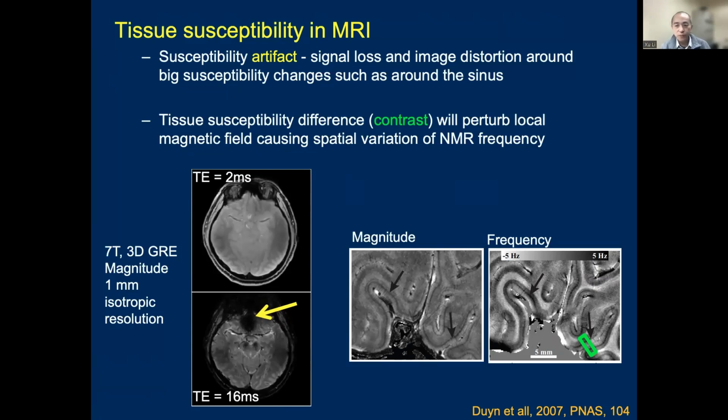But from another point of view, this susceptibility variation can also be viewed as an intrinsic tissue contrast. As shown in one of the early studies from the NIH group, susceptibility-related tissue contrast can help reveal some very important anatomical structures, such as the cortical layers.